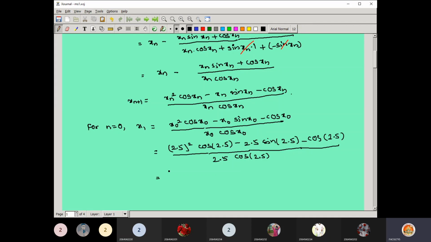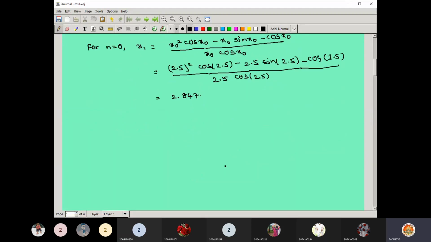Overall it is divided by 2.5 multiplied by cos of 2.5. Finally press the equal button. How much are you getting there? 2.847. Right, 2.847. So we got the first approximate root x1 like this.